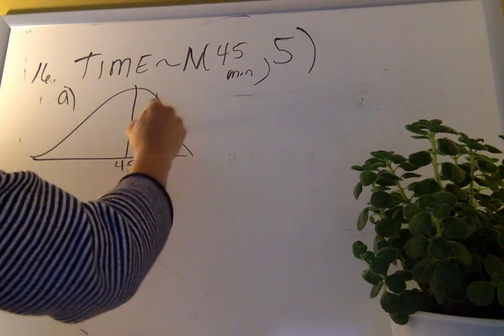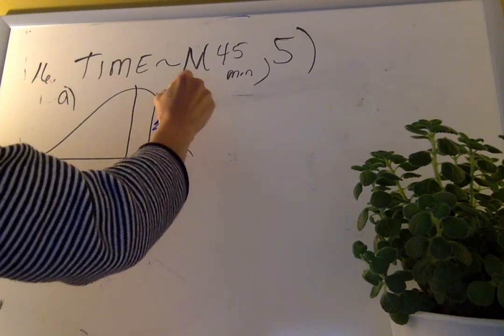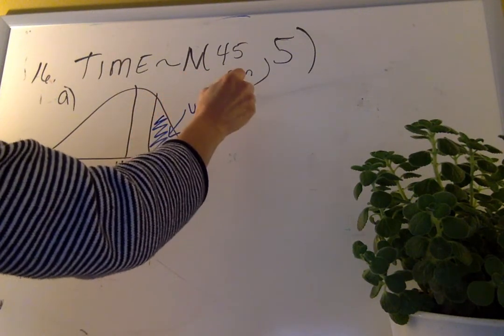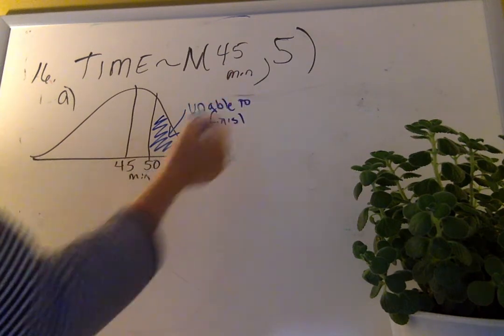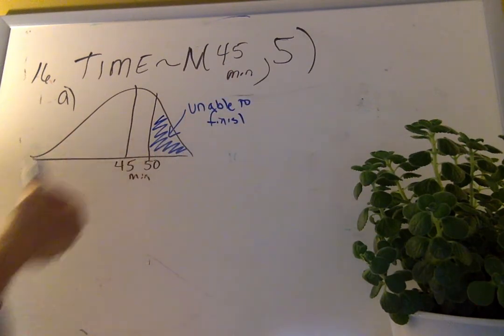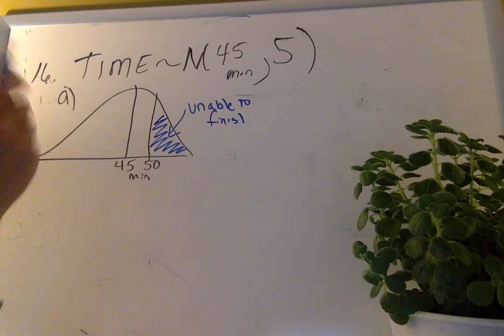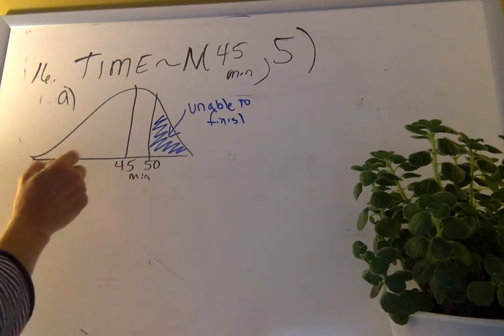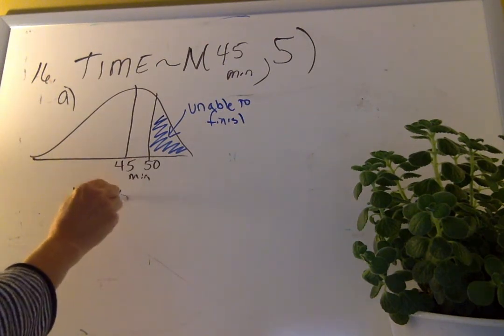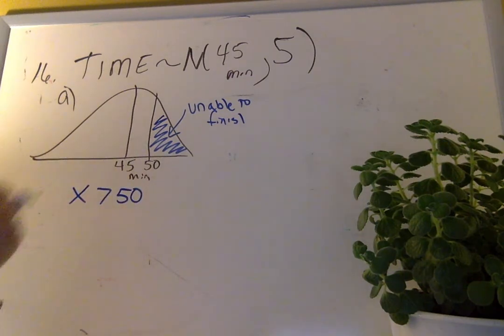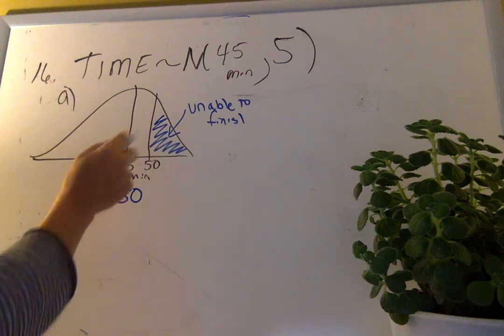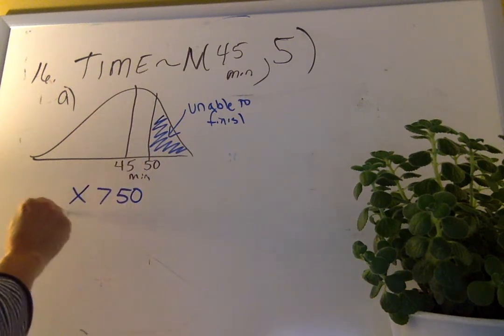So you've got to think through it, that these are the students unable to finish. The ones who took 60 and 100 and 120 minutes, right? It's a greater than area. Okay, so they're asking me X greater than 50. I know my final answer better be less than 50%. I know, of course, my Z-score is going to be positive.